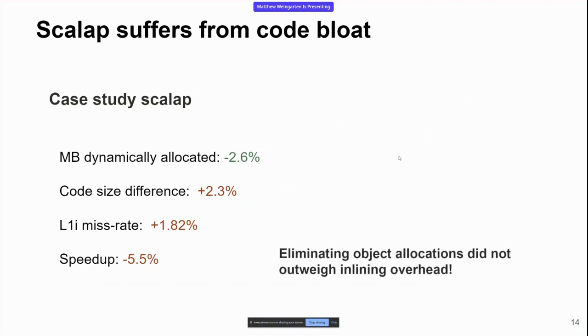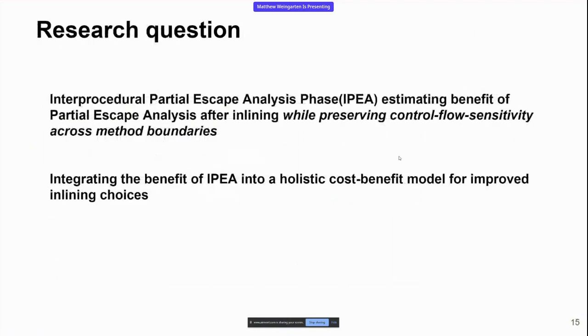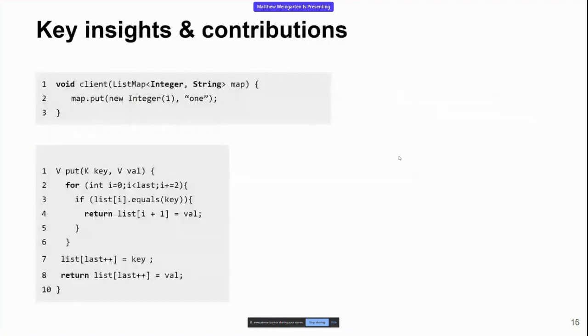So really, in this scenario, eliminating an object allocation just did not outweigh the inlining overhead, maybe, right? This leads us to our second research question, which is how do we integrate this knowledge that we got from an interprocedural partial escape analysis into some sort of holistic cost-benefit model so we can make the most informed inlining decisions based on object allocations.